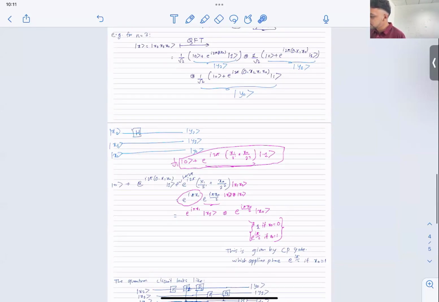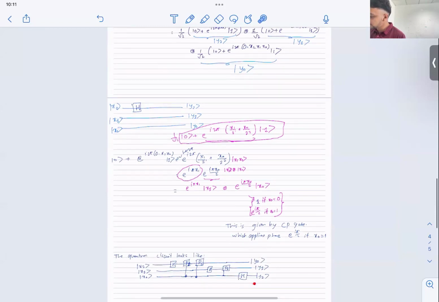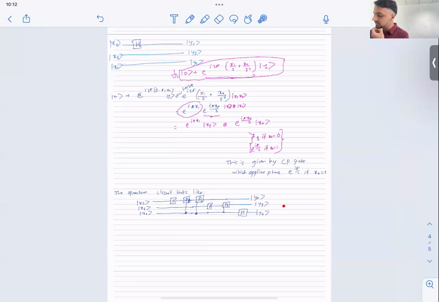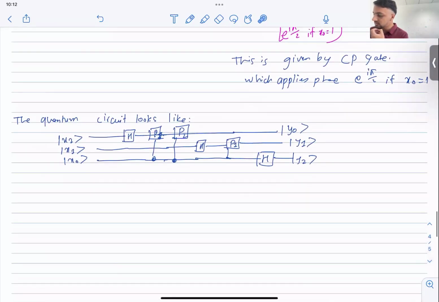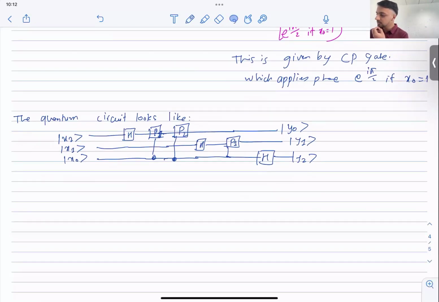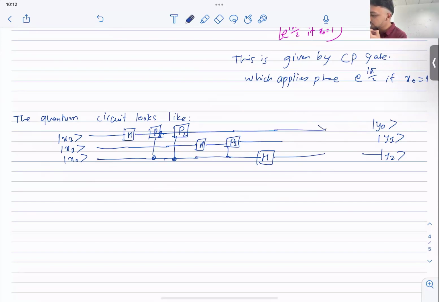So we started from X0, but we actually ended up on Y2, which is the Hadamard. So the order is flipped, and that's also something you need to notice. We started with X2 here, ended up with Y0 here, X1, Y1, X0, Y2. So what you need is something called a swap gate. You need to swap your state back if you want to get the correct order. So I'll need to swap this gate with this gate.